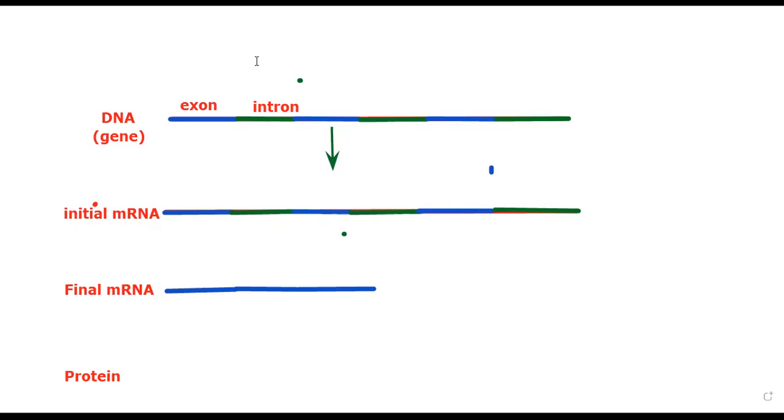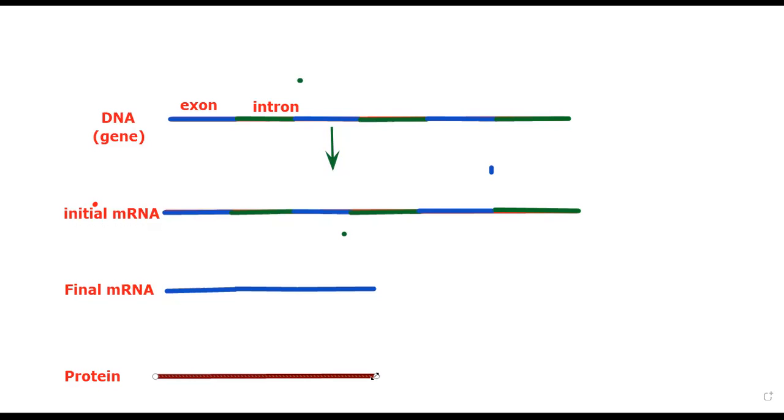The protein will have an amino acid sequence according to the final mRNA. So in the protein making, is there a contribution from introns? No, sir. Only exons join together and make the final mRNA.